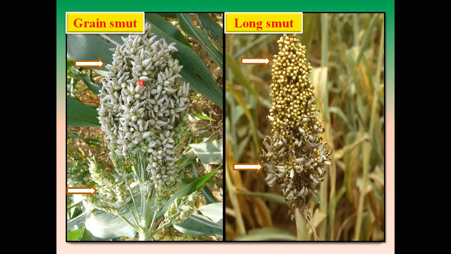The infected grains are creamy white in color with tough walls, known as peridium. If a grain is crushed with your fingers, it releases the black powdery mass.